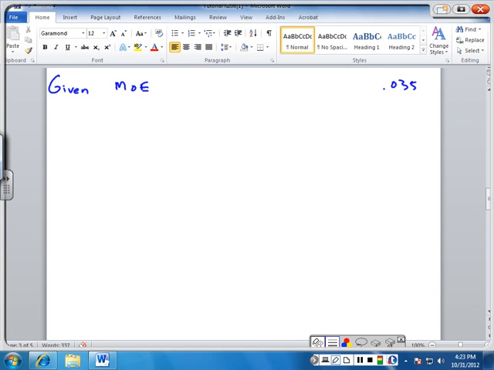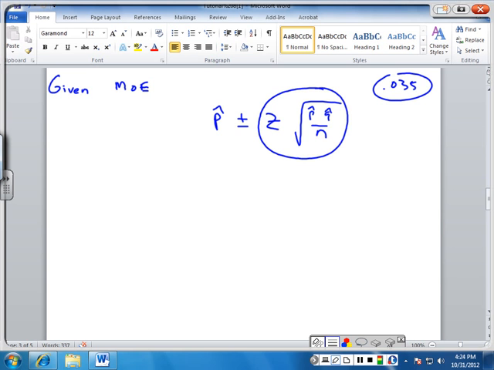So when you're dealing with proportions, this is really just the right-hand side of a confidence interval. If we had that confidence interval of p hat plus or minus Z times the square root of p hat q hat over n, what we're going to say is let the margin of error equal that.